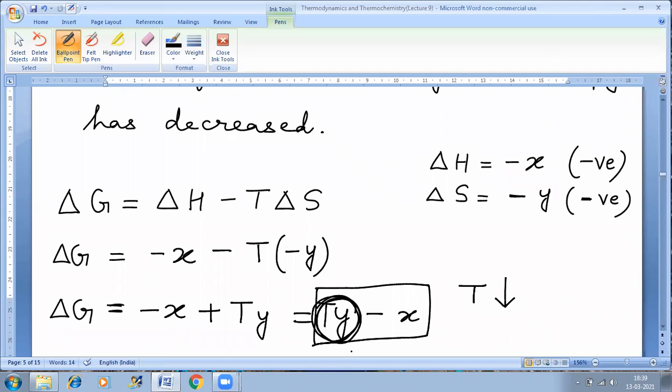So if I want delta G to be negative, I can keep the value of temperature low.